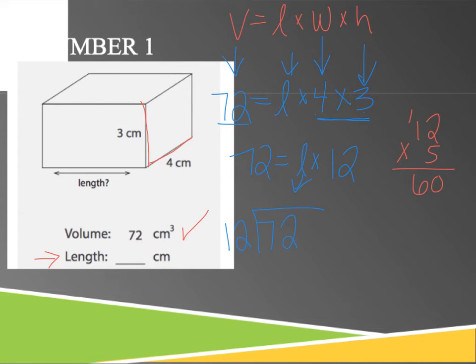I'm pretty sure I can go one more time. 12 times 6. 6 times 2 is 12, 6 times 1 is 6, plus 1 is 70. Would you look at that? I got 72. So then I know now, coming back over here, that 12 times 6 gives me 72. So now I can go all the way back to my original problem right here, and I have solved for the length. I know that the length is 6 centimeters.